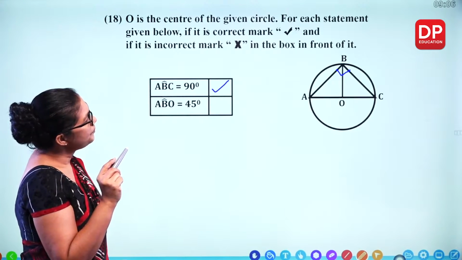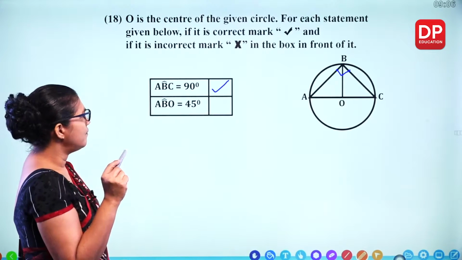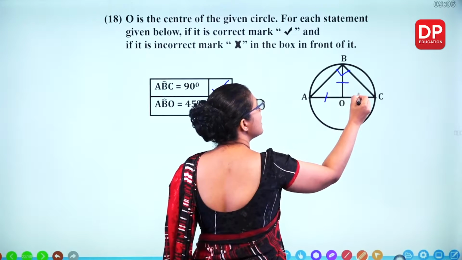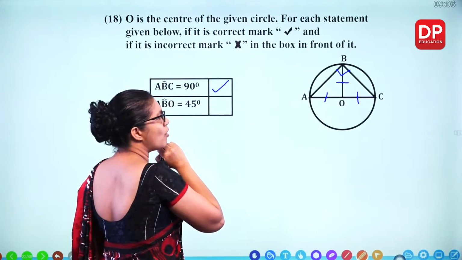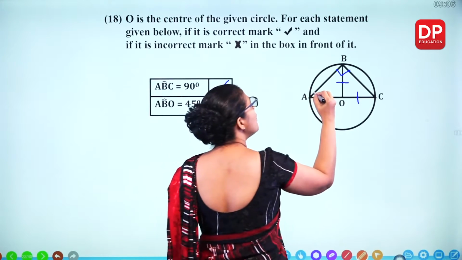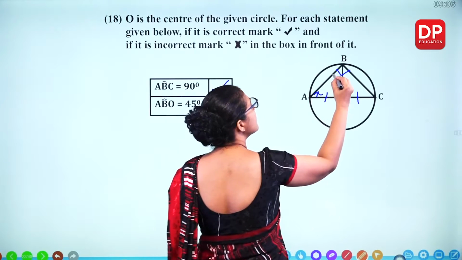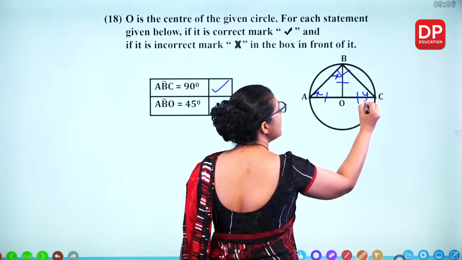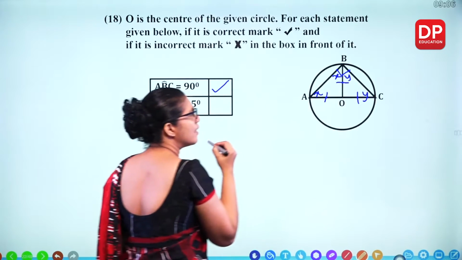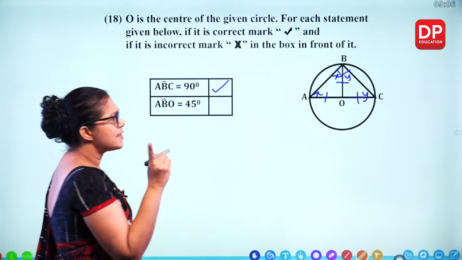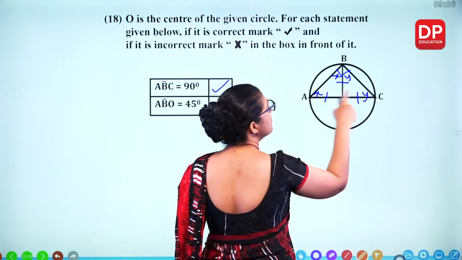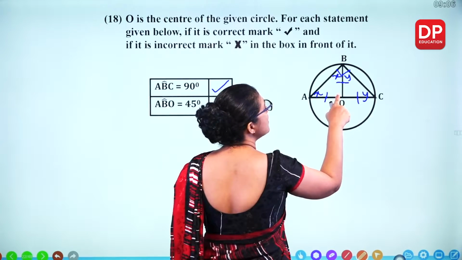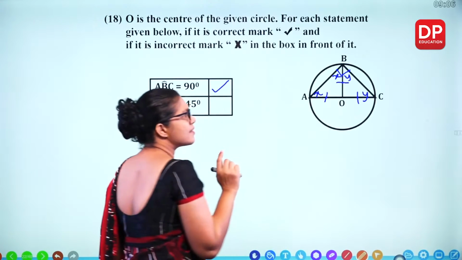ABO 45. We'll check whether it's correct. This is radius, this is also radius, and this is also radius. All sides are equal. So we'll put x here. If this is x, this is x. If this is y, this is y. You can't put the same value there because we don't know whether this is 90 degrees.